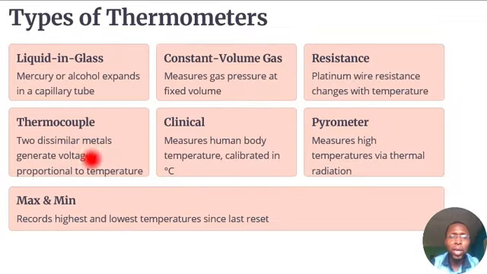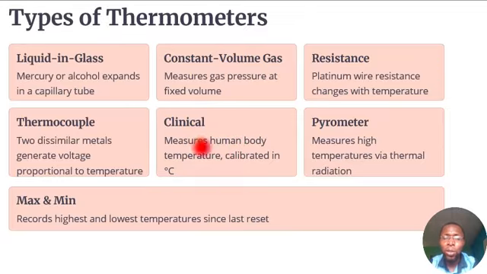Then we have the thermocouple thermometer. The thermocouple thermometer makes use of two different metals, which we refer to as dissimilar metals, and these two different metals generate voltage. The voltage they generate determines the temperature of that substance. So they make use of voltage to measure temperature. We have what we call the clinical thermometer.